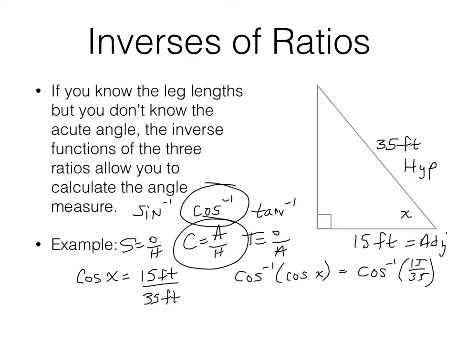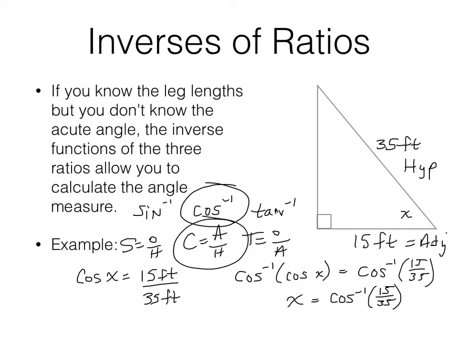Now the inverse cosine of the cosine of x is just x. And that's probably going to be the most difficult thing for you to get through, because there's no math that I can really show you that you would understand to allow you to see why that is. Just know that it is. Okay? So the x is going to equal then the inverse cosine of 15 over 35.